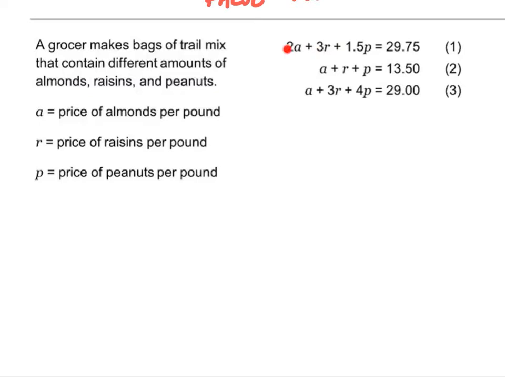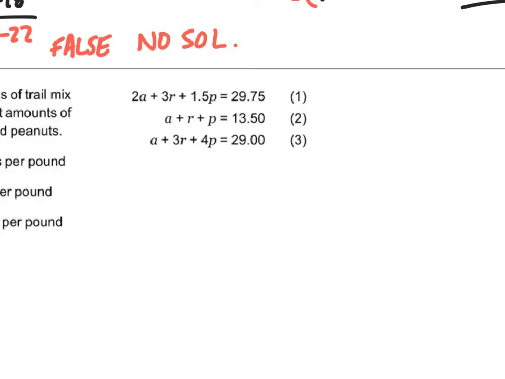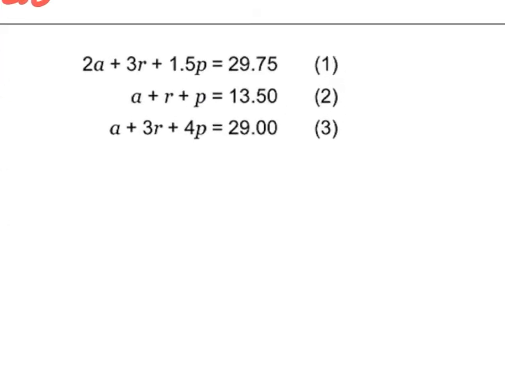So if you wanted 2 pounds of almonds and 3 pounds of raisins and 1.5 pounds of peanuts, that would cost you $29.75. If you wanted 1 pound of each, it would cost you $13.50. And so on. So what we want to do is find the price of almonds, the price of raisins, and the price of peanuts. Standard 3-variable system problem. So let's take a look real quick.